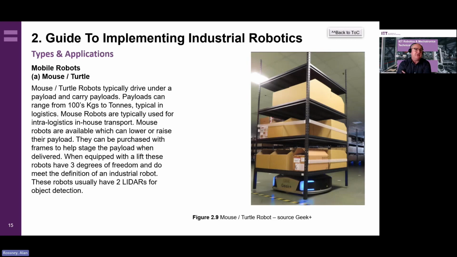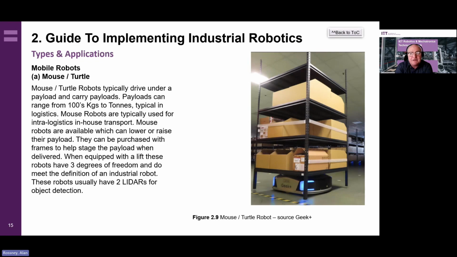So mouse or turtle robots typically drive under a payload, and those payloads can range from hundreds of kilograms to tons. A typical use is logistics. These robots are typically used for in-house transport. They can lower or raise their payload. They could be purchased with frames to help them stage the payload when delivered.